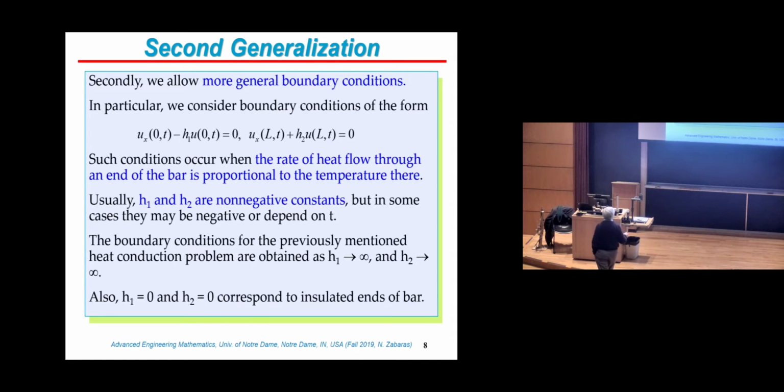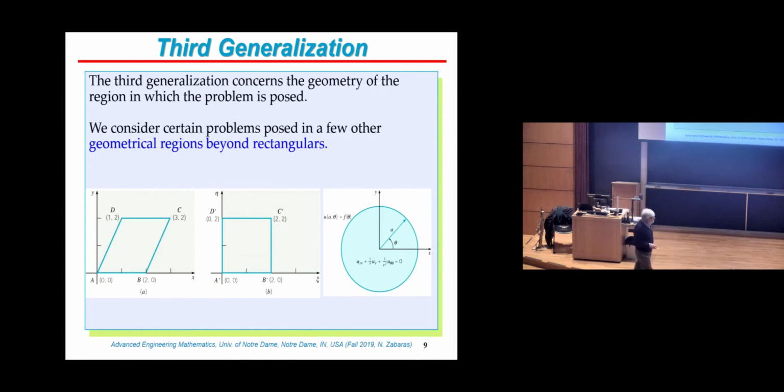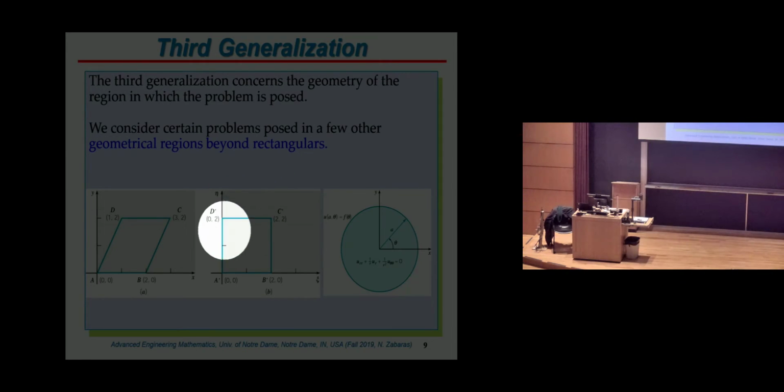Now, the third generalization, and we will do less of that actually in these lectures, will be to solve the problems not anymore in rectangles, where you can do nice Fourier analysis, but somehow in a little bit more interesting geometry. So for example, going from this geometry to something like that, or going to a disk, or maybe to a disk with a hole in it.